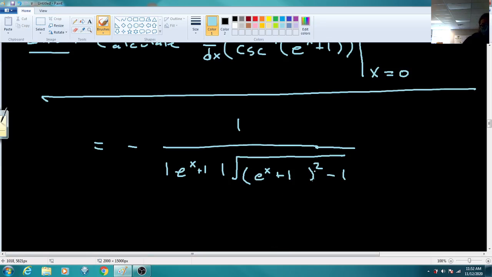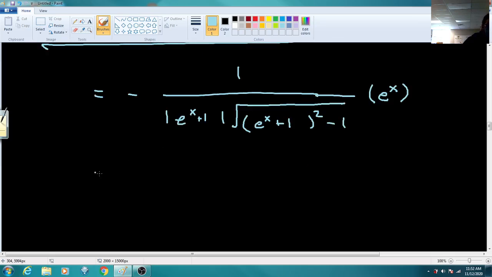Then we multiply this by the inner derivative, which is the derivative of e to the x plus 1. E to the x is its own derivative, and 1 has derivative 0. So we just get this. And now we just need to go through and replace all the e to the x's. We need to plug zeros in for the x.